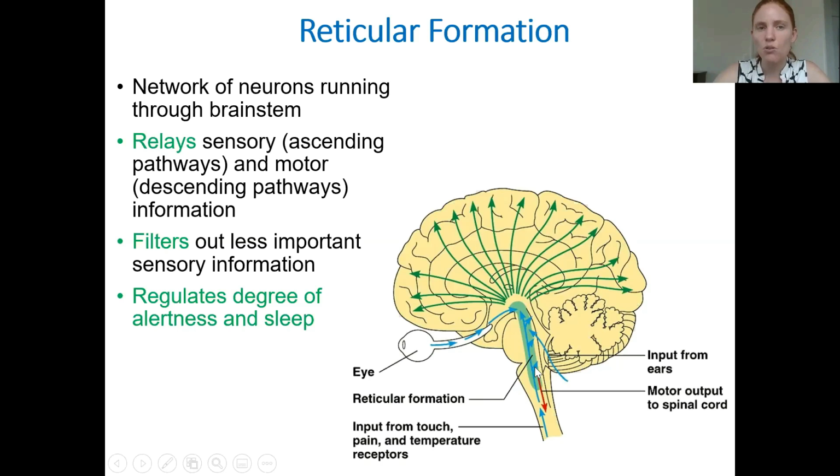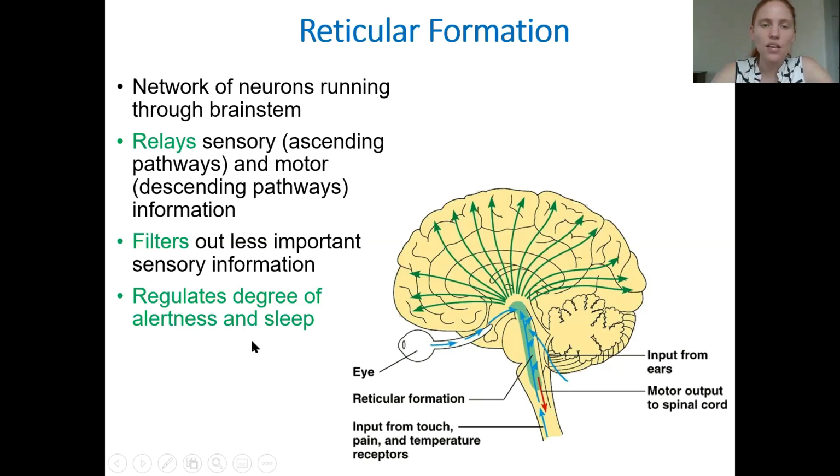As it's going through, the reticular formation does the very first initial analysis of it, and it filters out less important information. For example, if you have constant stimuli, it'll get rid of all the background white noise, and that makes it so that once the information reaches the cerebral cortex, only the pertinent, most important information gets there.